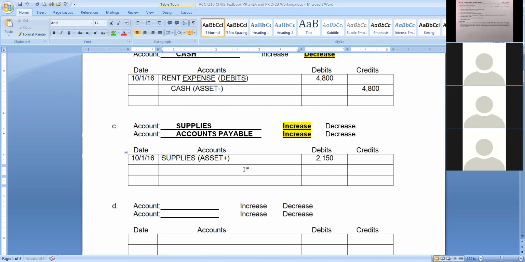Supplies that's going up, and accounts payable, the liability, is also going up. We owe more now. We owe $2,150 more.